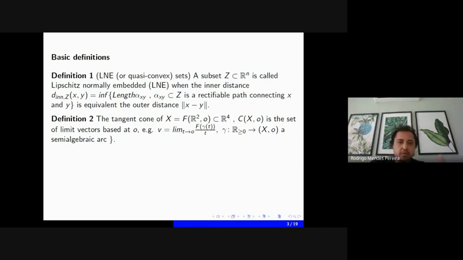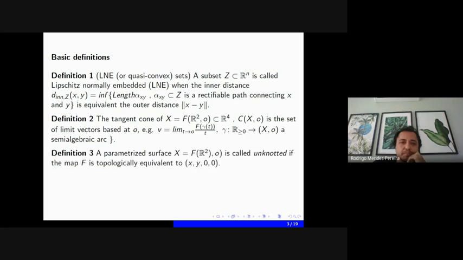It is the classical tangent cone, in fact, and according to the Whitney tangent cone, you can speak about arcs. You can prove this using the arc selection lemma, for example.